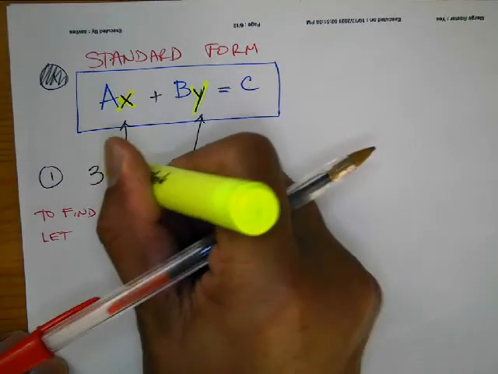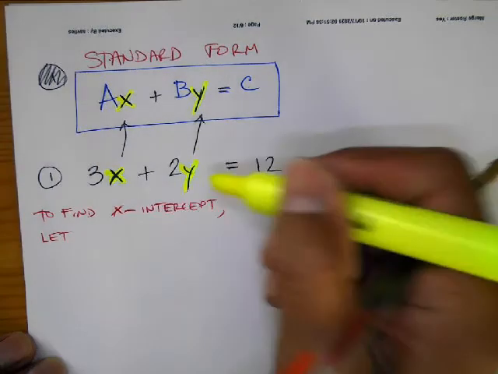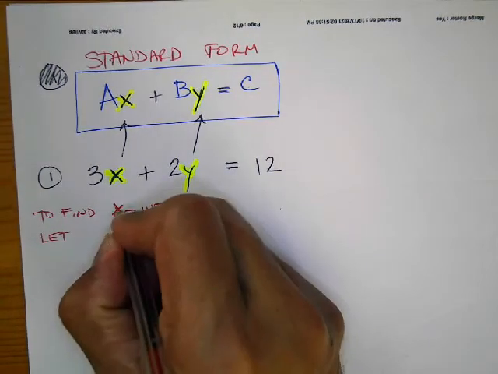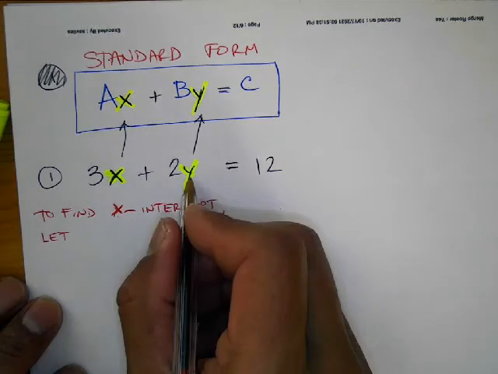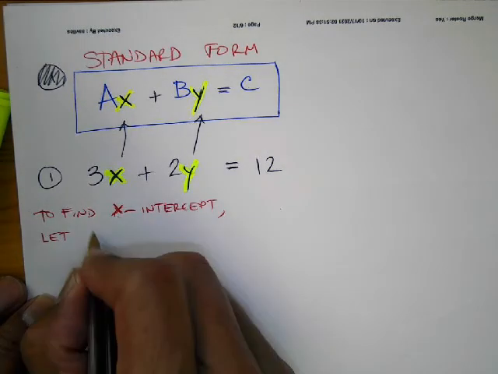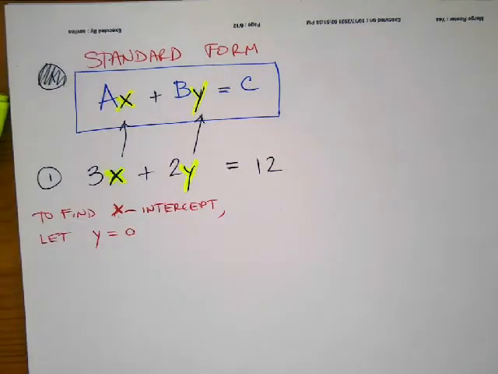There's only 2 letters, there's only x and y in an equation. And if I'm trying to find x, I'm going to leave it there. To find the x-intercept, you let the other letter, let y equal 0. You let your coordinate for y equal to 0.